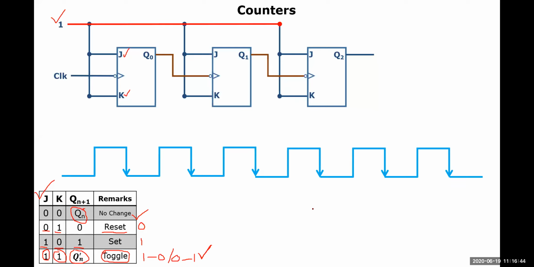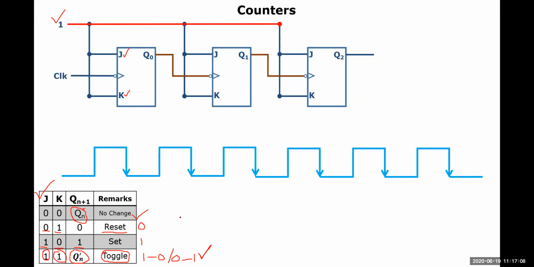Then the second point, hope this point is understood. When 1-1 is submitted to JK, whatever the previous output, that will be toggled and considered as the present state. Qn will be the previous state, where Qn plus 1 will be the present state.